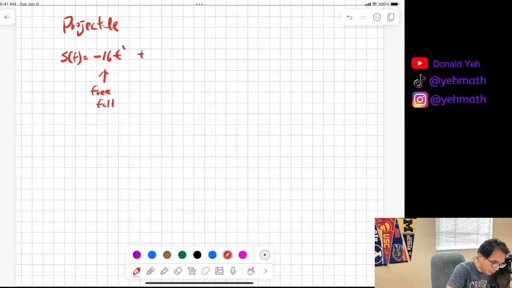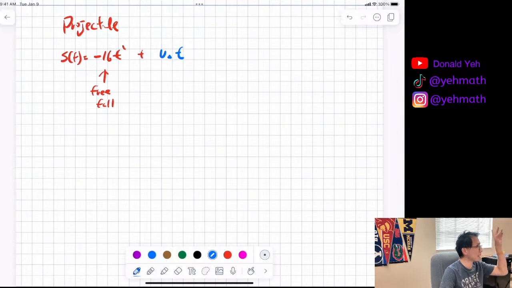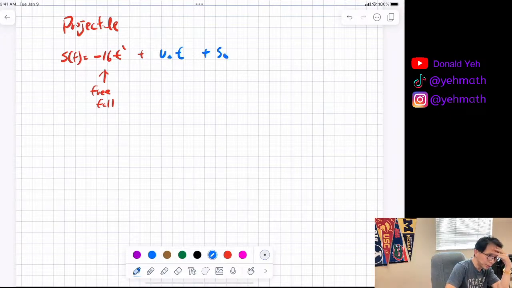Now in a projectile, you also have this part, v0t. Why v0t? Because you might throw something up. So v0 is the initial velocity. That's going to affect how your projectile goes and affect your displacement. Also, you might hit a golf ball on top of a mountain or on the ground.